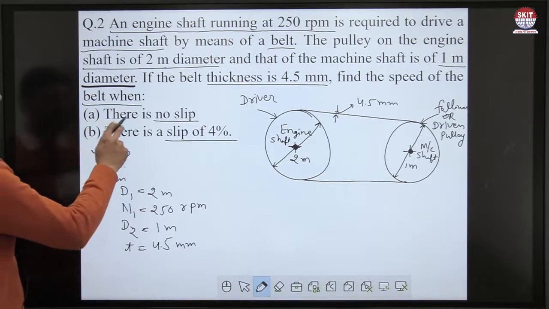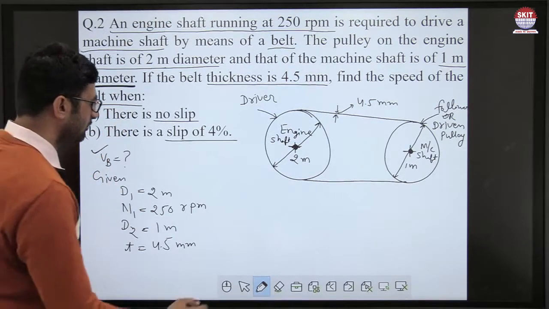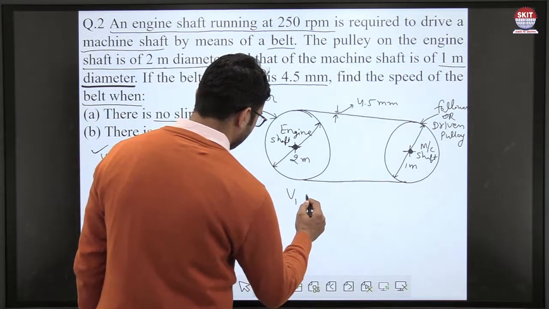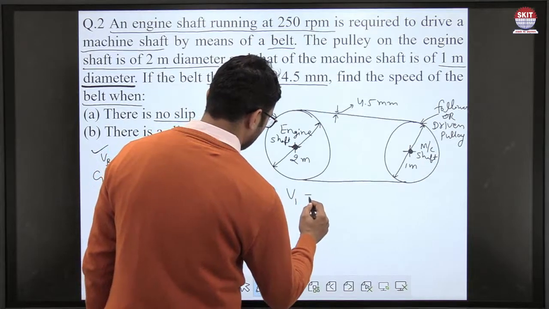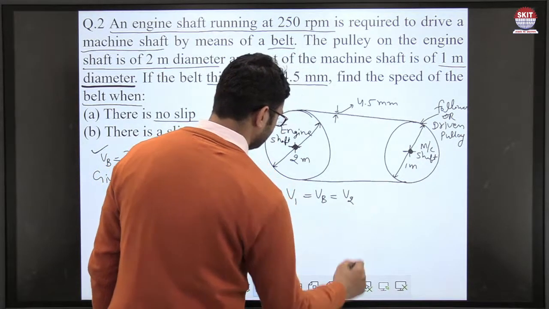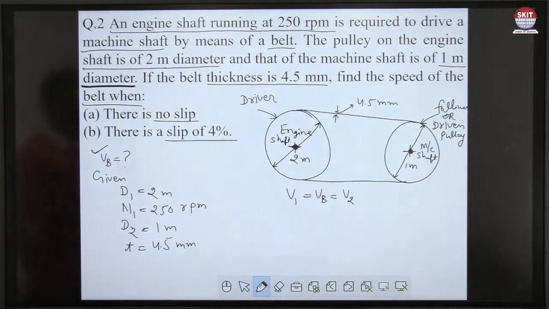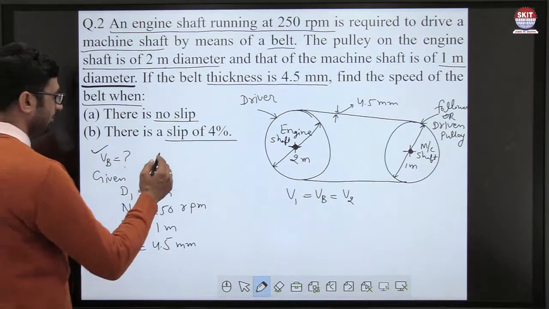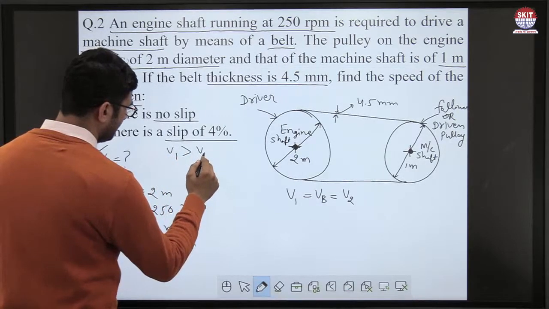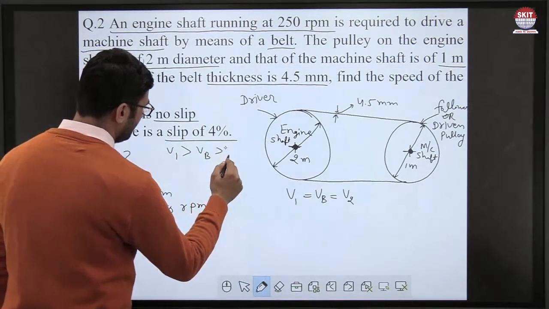In the first case, when there is no slip, then V1 equal to VB equal to V2. When there is slip, then V1 is greater than VB, which is greater than V2.